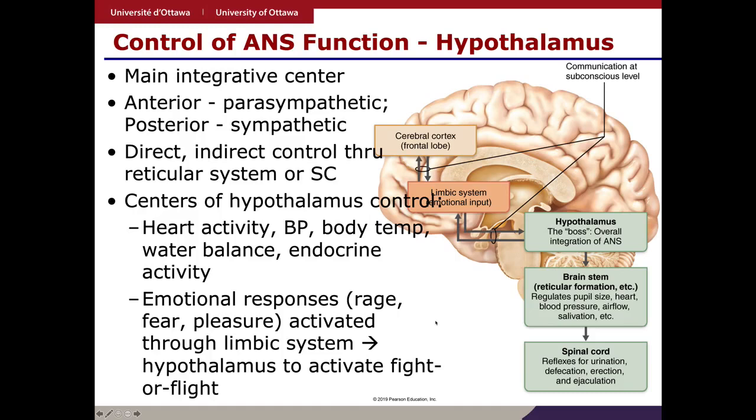The hypothalamus will also stimulate the release of stress hormones through its control of the endocrine system in response to amygdala input. In this way, the hypothalamus serves as the keystone or the gatekeeper of the emotional and visceral brain. Through its centers, emotions influence ANS function and behavior.